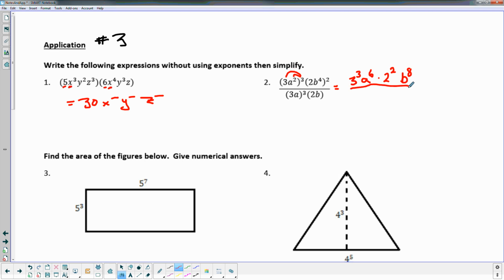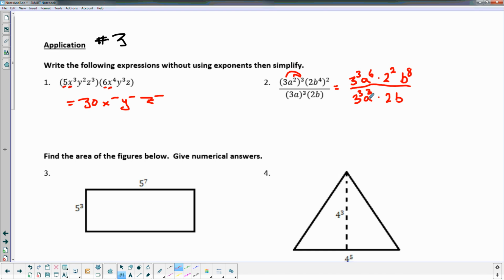And then on the bottom, I'll have again 3 to the 3rd power from that 3 and that 3rd power. And then a to the 1st power times 3rd power. 1 times 3 is also 3. And then over here I just have a 2b, as there's nothing outside to raise any powers.